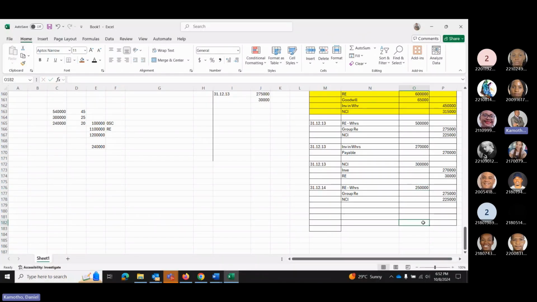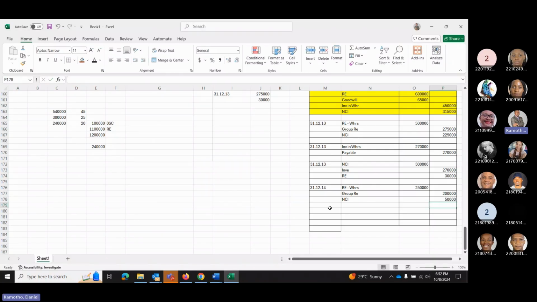That's what we are doing. But here, this is the group retained earning. At that time, the group is 80%, is 0.8, and is for 250. That is the amount. And then here, we are saying the NCI has reduced to 20% for the 250.